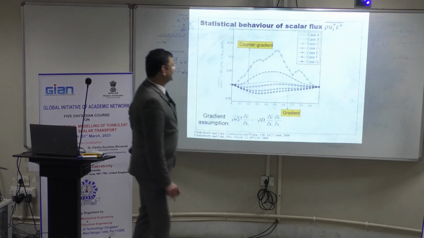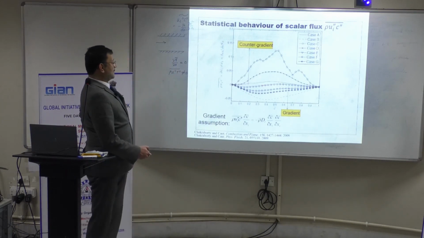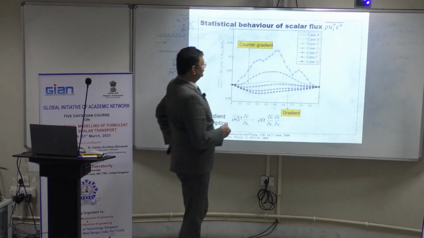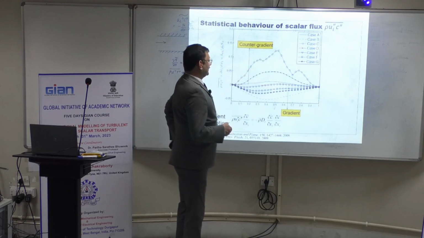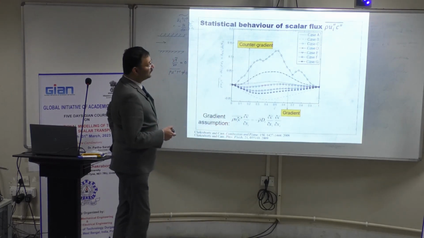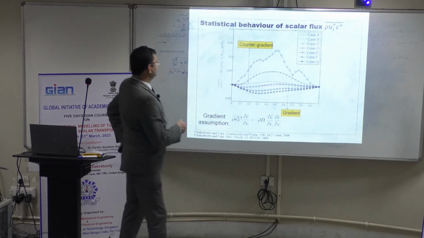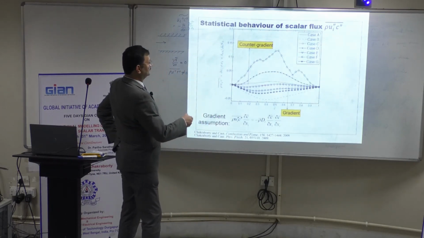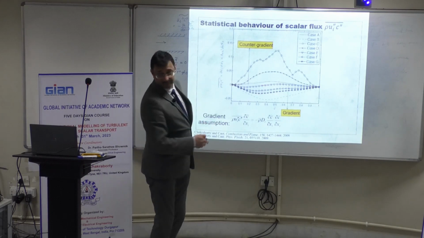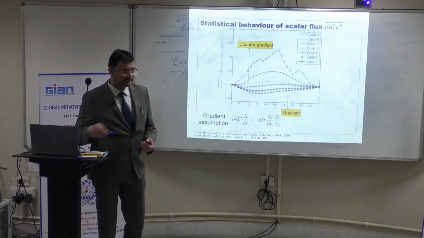First thing to notice, you will see that as we go for smaller Lewis number, the product between the scalar flux and this one becomes positive. I showed that yesterday.